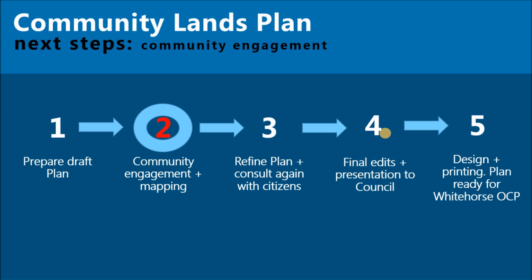And then we can go forth and design and develop a publication. In this case, we're going to produce a book, and that plan will be ready for the Whitehorse official community plan. So we're hoping that this whole process can be complete by the summer.